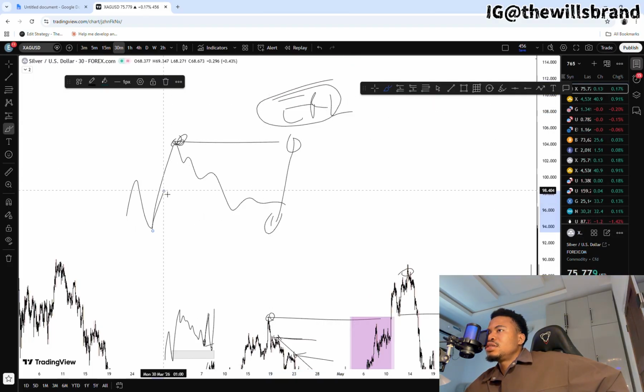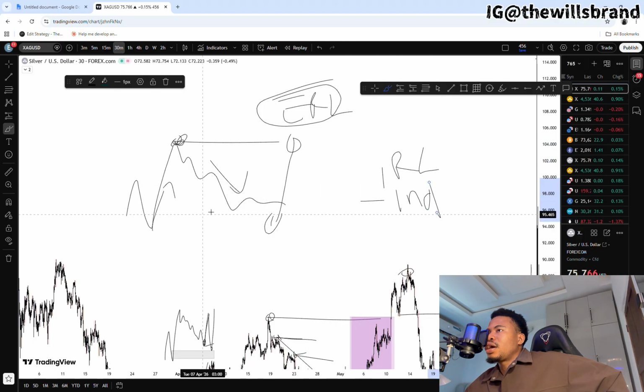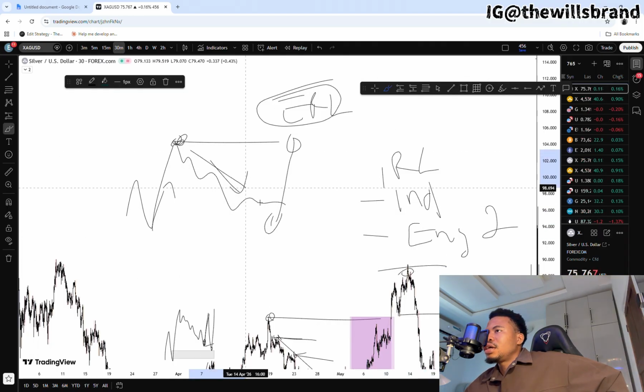So the liquidity you find during the impulse and the correction is your what? Internal range liquidity. And inside of this internal range liquidity, we have inducement. All right, we have the engineered liquidity. I gave two examples on this one. Then we'll have this one here, which is the trend line liquidity. So I'm just going to call it TL.